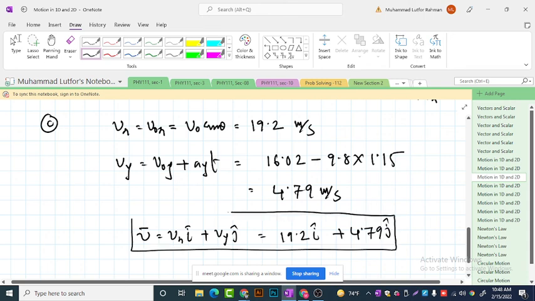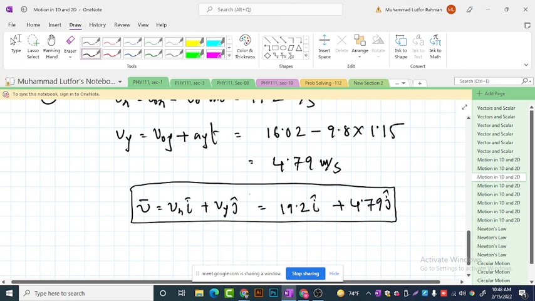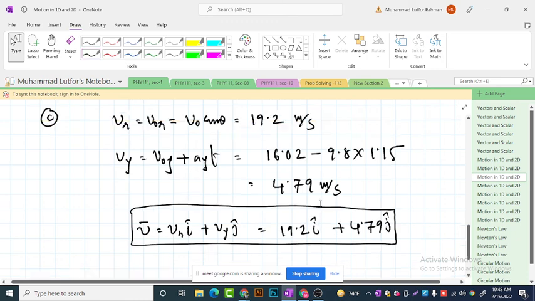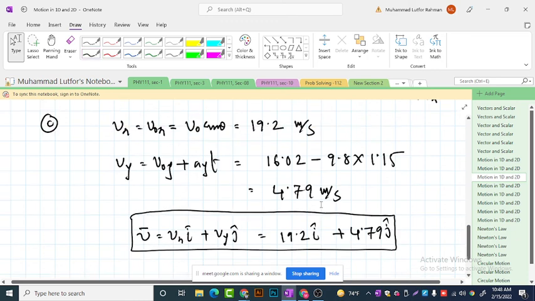But unfortunately, sometimes I find, I once asked a case in an exam, what will be the total velocity before it struck. Someone added and said that the total velocity is 19.2 plus 4.79, which is 23.89, which is completely wrong. It's a blunder.